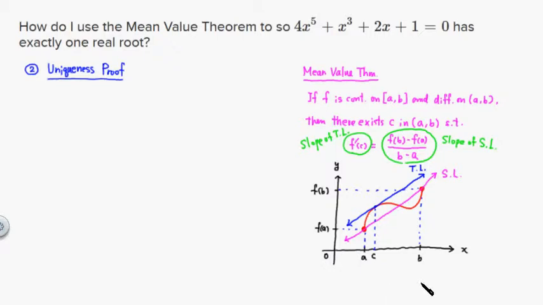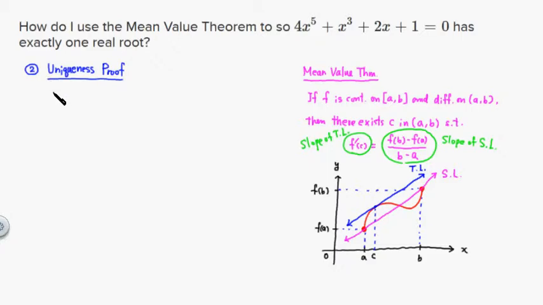So let's use that to prove uniqueness. In order to show the uniqueness, probably the easiest way is to use proof by contradiction. Let's assume that there is more than one, and then see if we can get into some kind of trouble.